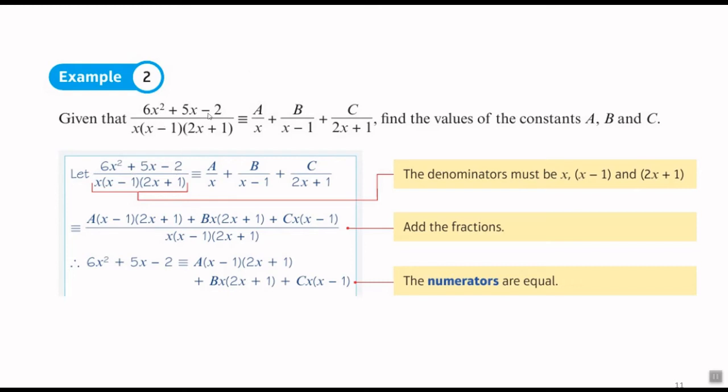Left hand side numerator equals right hand side numerator, which means multiply both sides by this denominator. So numerators are equal. You can substitute x equal 1 and find b. If you substitute x equal minus half, you can find c. So likewise by substitution, you can find the answer.